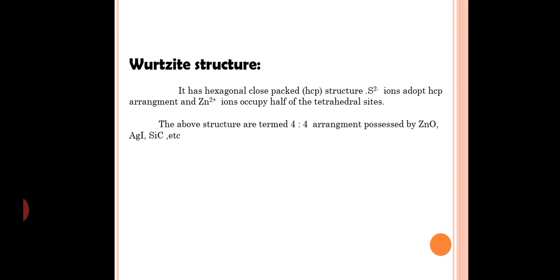Apart from that, we also have the hexagonal close packed HCP structure where S2 minus ions adopt an HCP arrangement and Zn2 plus ions occupy half of the tetrahedral sites. This structure has a coordination number of 4:4, and examples of the Wurtzite structure are ZnO, AgI, SiC, etc.